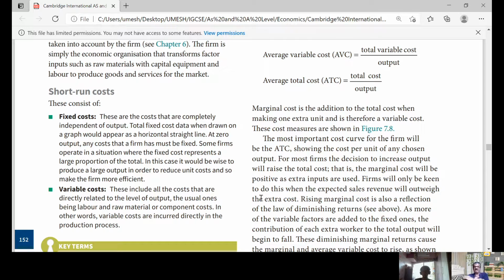For example, an infrastructure project or thermal plants, energy generation plants, where your fixed cost is a huge proportion of the total cost. In this case, it would be wise to produce a large output in order to reduce unit cost and so make the firm more efficient.